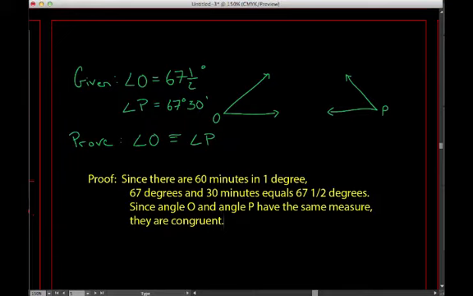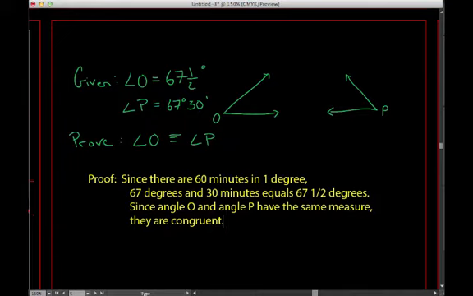All right, so pretty simple. It's not the most complicated proof in the world, but this gives you an idea of how a paragraph proof lays out. So you're given some information, you need to prove the same kind of information. It's just easier in this situation to prove it in a paragraph proof because we can really explain what we're talking about.